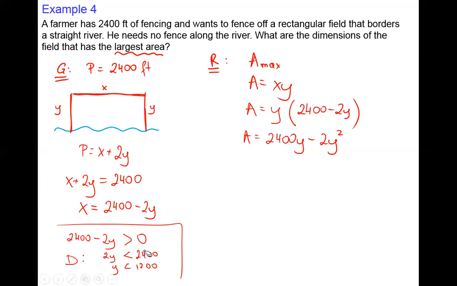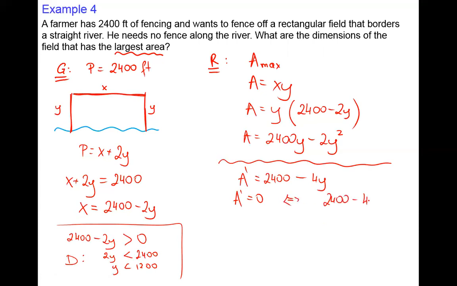In order to find the absolute maximum, we have to find a critical point. That means let's differentiate. Derivative will be 2,400 minus 4y. And the derivative is 0 if 2,400 minus 4y is 0. That means y is, I believe, 600. It's less than 1,200, works.